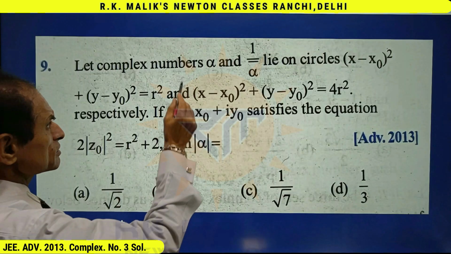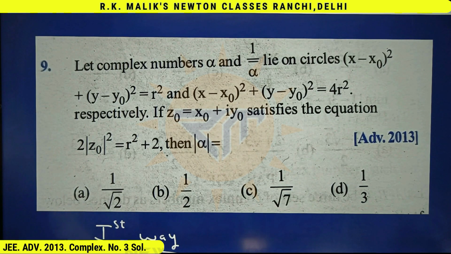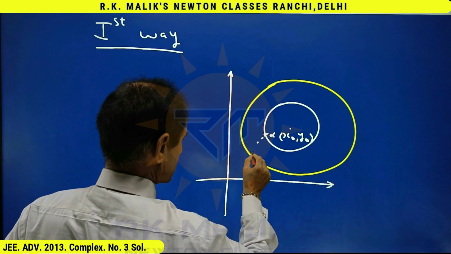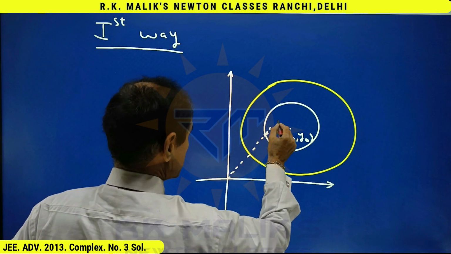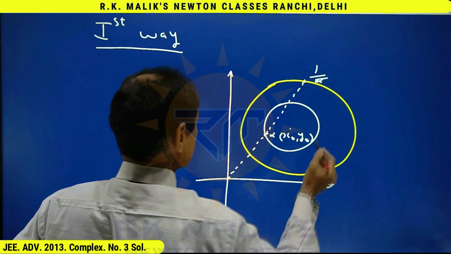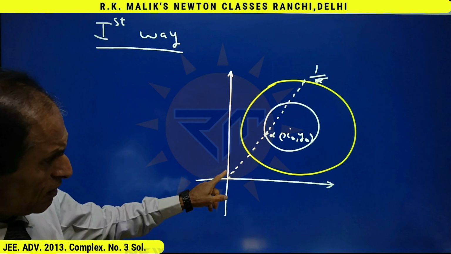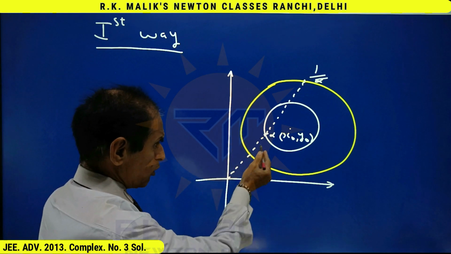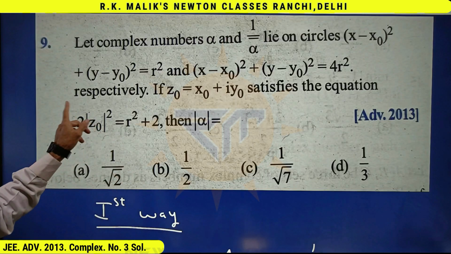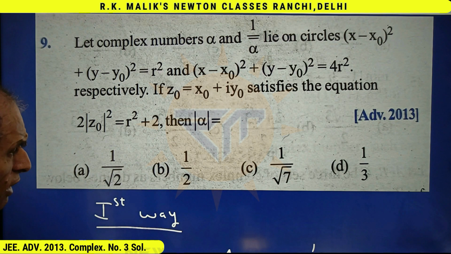That is, if alpha is somewhere here, 1 upon alpha bar will be somewhere on the outer circle. But you can see very easily the arguments of alpha and 1 upon alpha bar are the same.